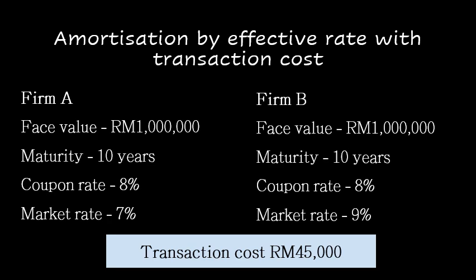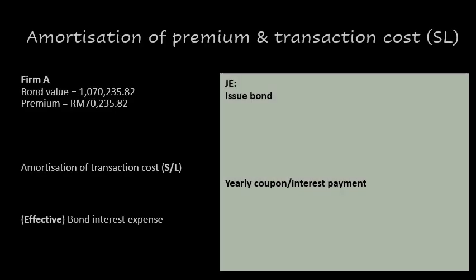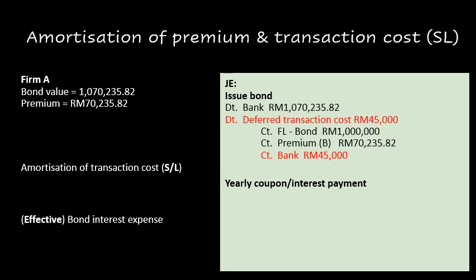Let us use the same example as before, but this time we have additional costs, transaction costs of 45,000 ringgit. So here we have FirmA. We know that FirmA issued its bond at a premium, and for this case, we have additional transaction costs of 45,000 ringgit. Therefore, when the bond is issued, we do the necessary journal entries.